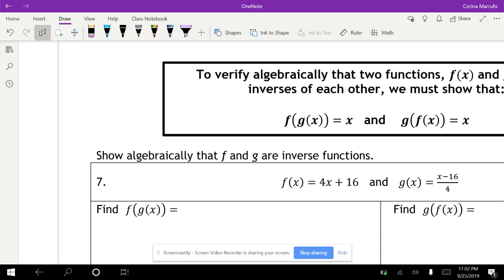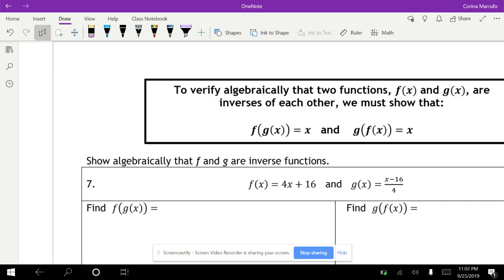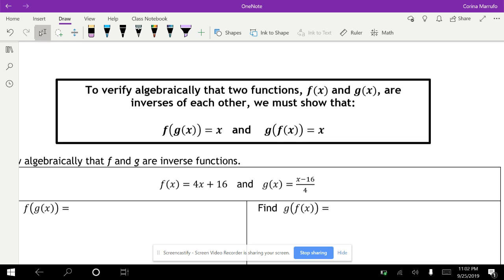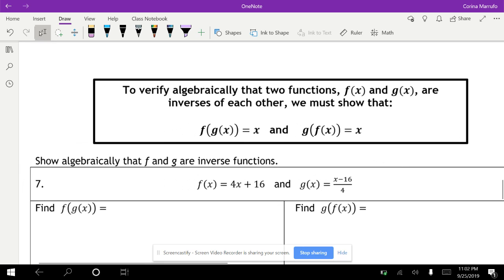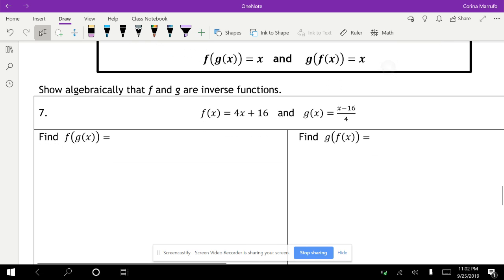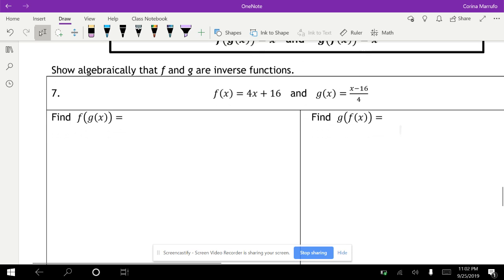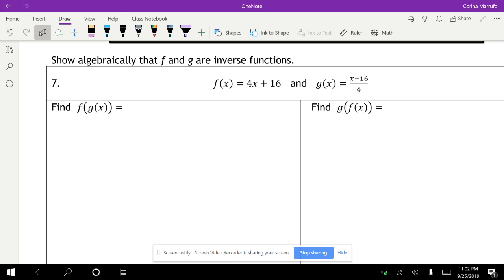All right, last, to verify algebraically that two functions f of x and g of x are inverses of each other, we must show that f composite g of x equals x and g composite f of x equals x. So here our f of x is 4x plus 16 and our g of x is x minus 16 over 4. So the first one is we take our f function and plug in our g function.